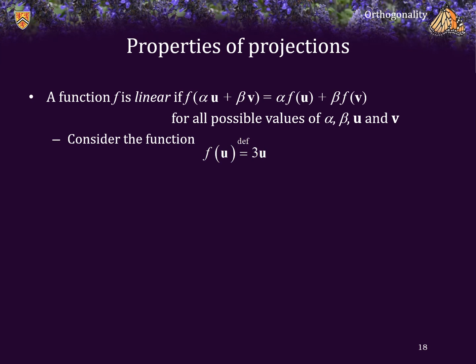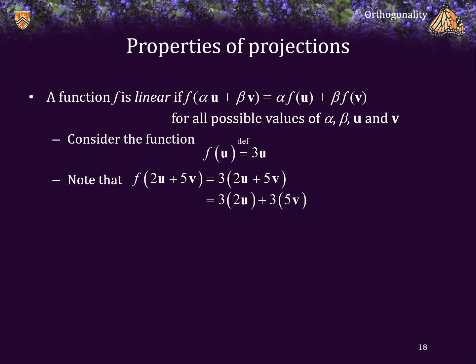F is simply going to multiply the vector U, the argument, by 3.